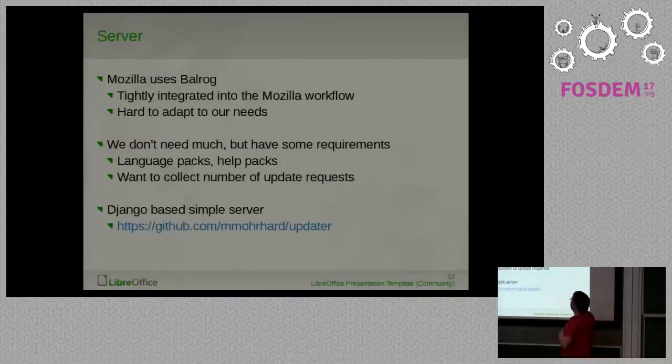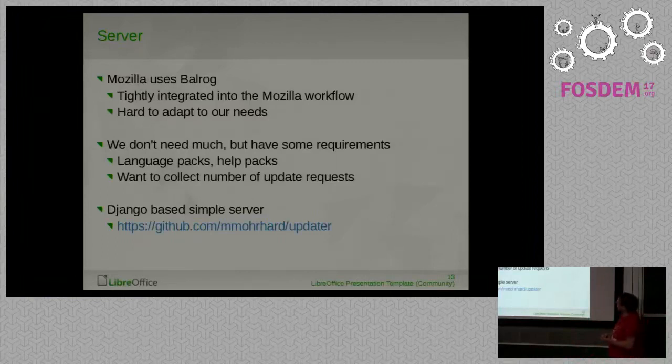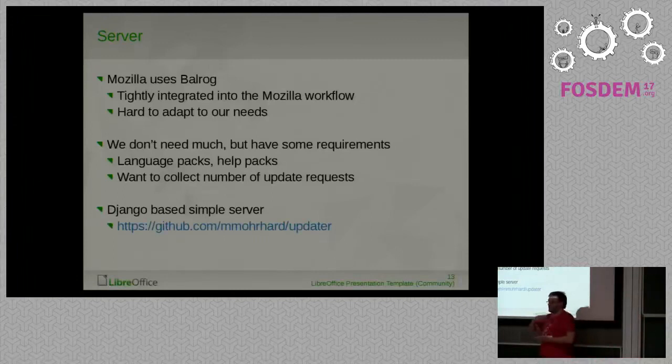So the server: Mozilla uses Balrog. It's tightly integrated into the Mozilla infrastructure. I tried to reuse it, but similar to the crash reporter, it makes a lot of assumptions about the infrastructure that we at TDF just don't have. So I looked at what we actually need, and we just need to return a little information.